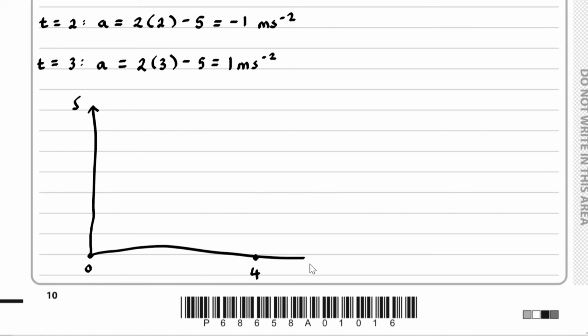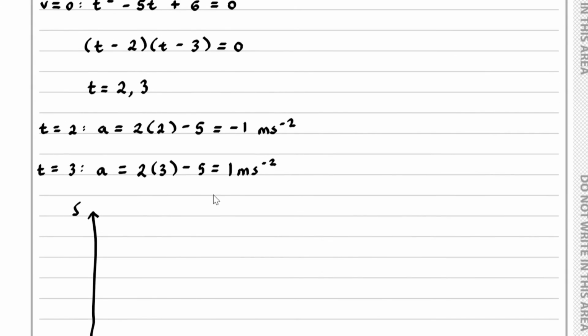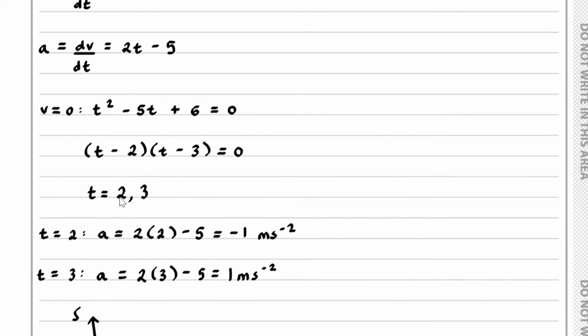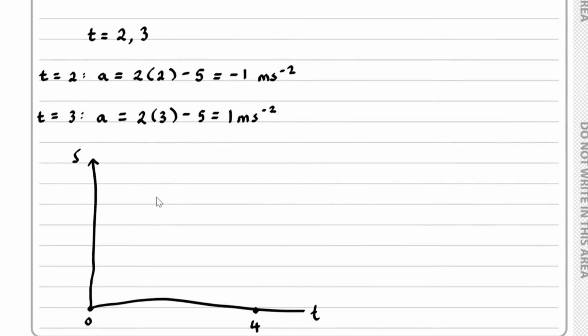Now, let's plot the displacement s against time. Now, I know that when t equals 2, I've got a stationary point. And I know when t equals 3, I have another stationary point.